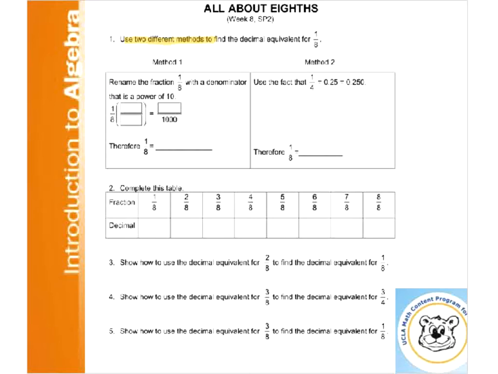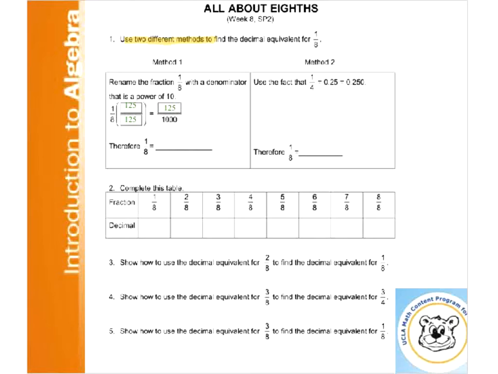If I multiply 1/8 by 125 over 125, I get 125 over 1,000. Now that I have a fraction with a denominator that is a power of 10, I can convert 1/8 into a decimal, which is 0.125.